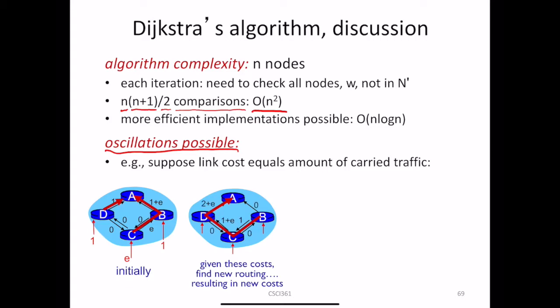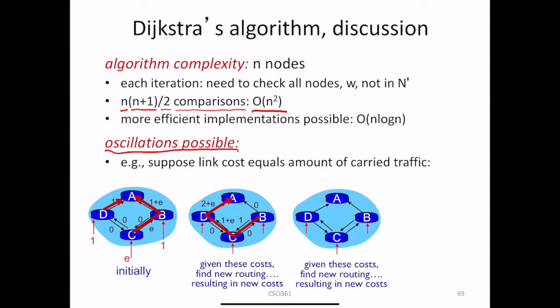Then we can see the consequence of this phenomenon is that the cost of BA will equal 0, and the cost of DA will be equal to 2 plus e. Then routers D, C, and B will do a re-evaluation. They will find that DA has a higher cost compared with BA. Then everybody will switch their traffic to the counterclockwise path.